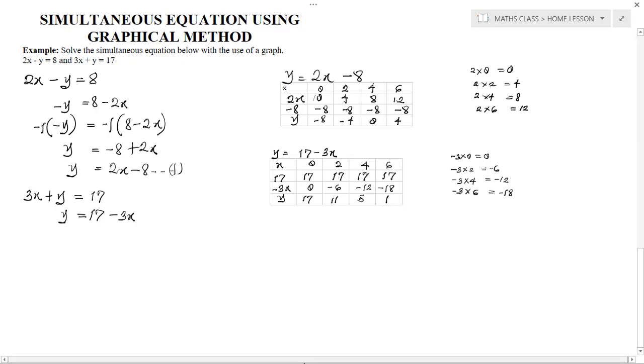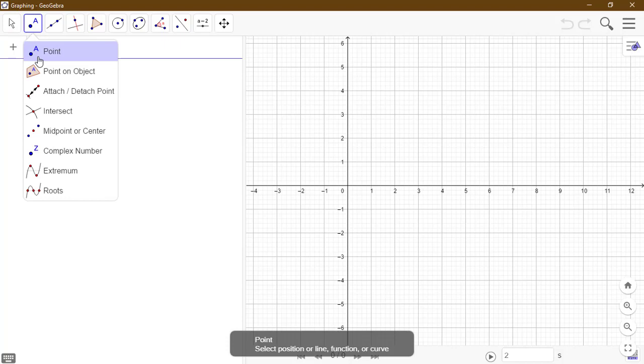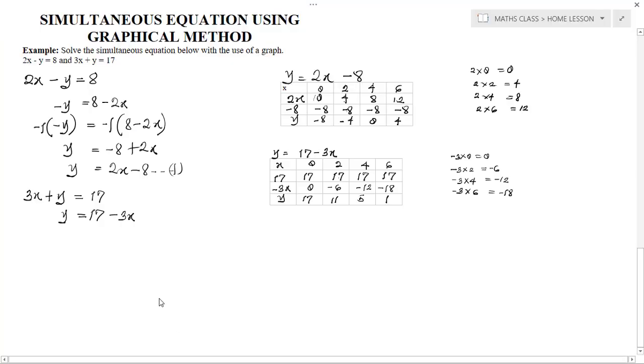The next thing we are going to do is to go to the graph page. With the graph page, we plot the graph so that we can get what we need. How do we do that? We take the points.